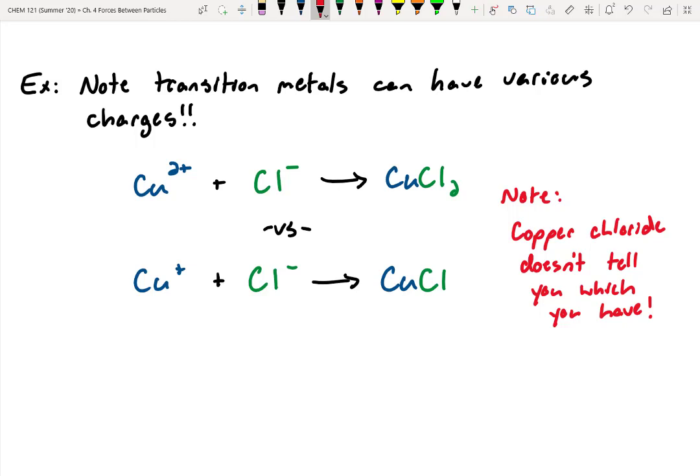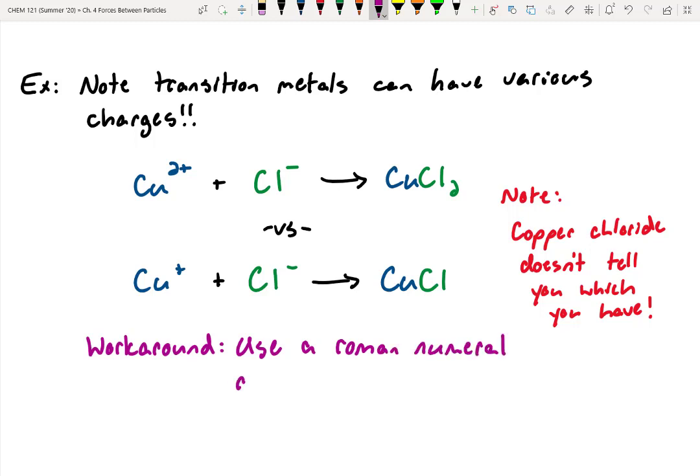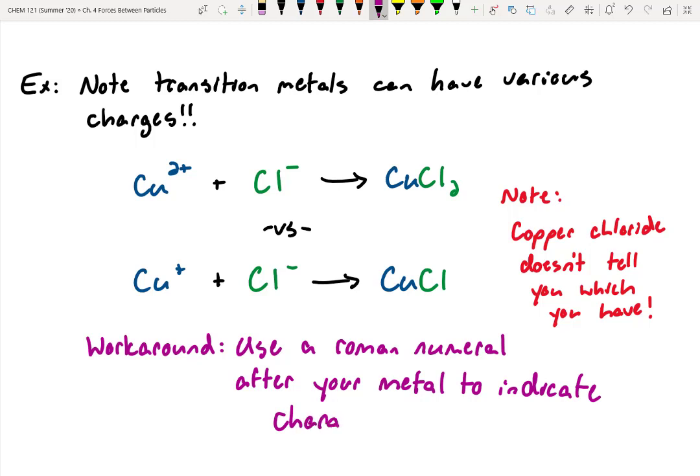Okay, so with transition metals, what you need to do is use a Roman numeral. And the workaround: use a Roman numeral after your metal to indicate charge for your cation.